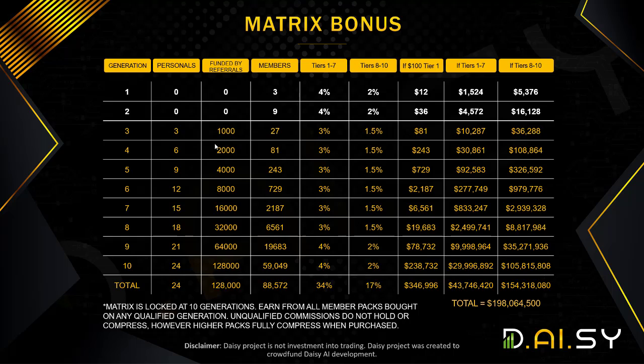So when D.AI.SY starts, there'll be lots and lots of people joining. If a lot of people fall underneath you as spillover within the first 48 hours, you will gain from them being in your matrix. You get the 4% or 3%, and you'll gain from them being in the matrices that you go into.